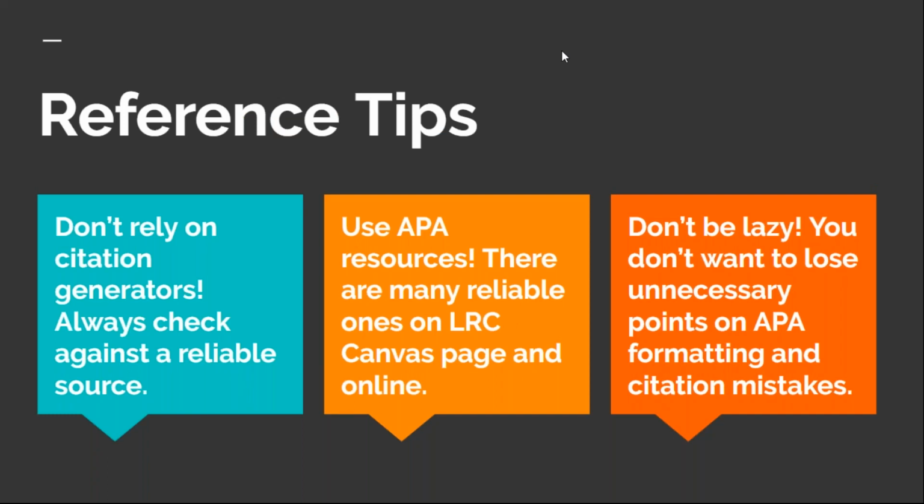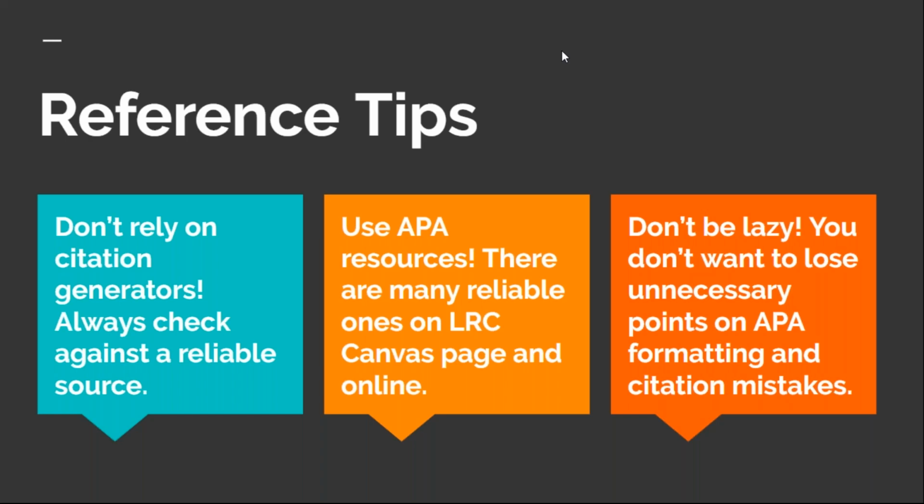All right. So just some tips to remind you, don't rely on citation generators. Always check against a reliable source. Use APA resources. I have uploaded a bunch of them to the LRC Canvas page. There are multiple resources online.